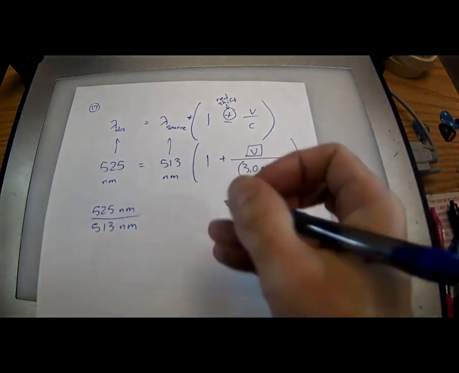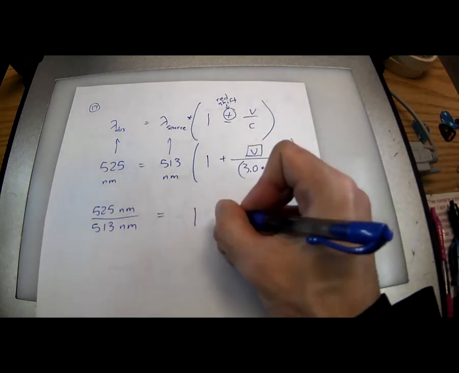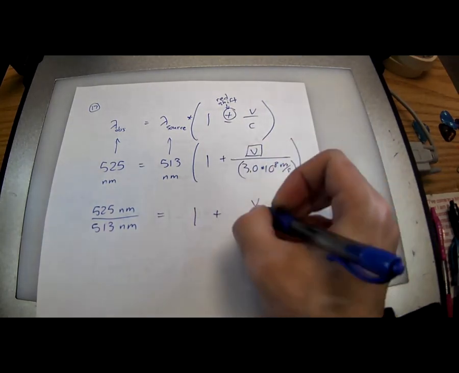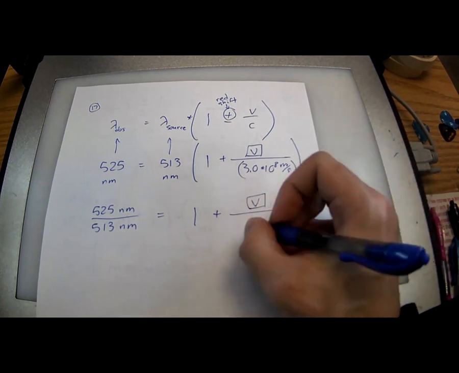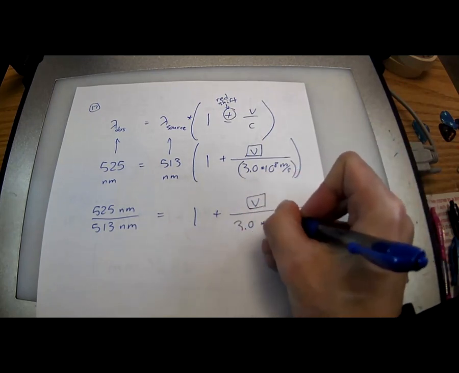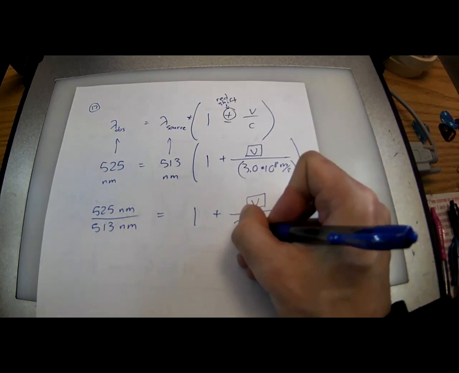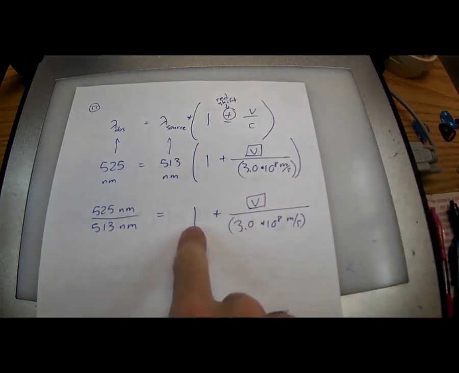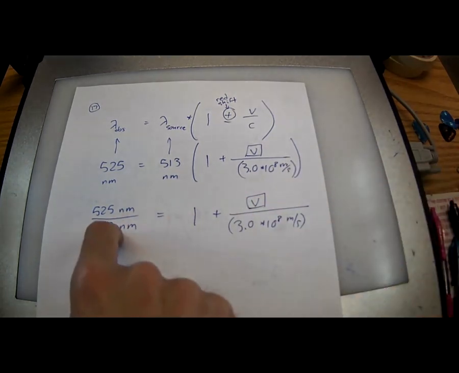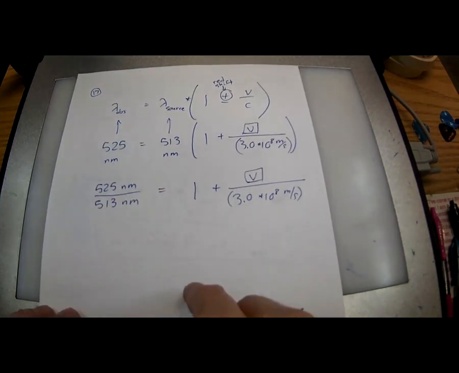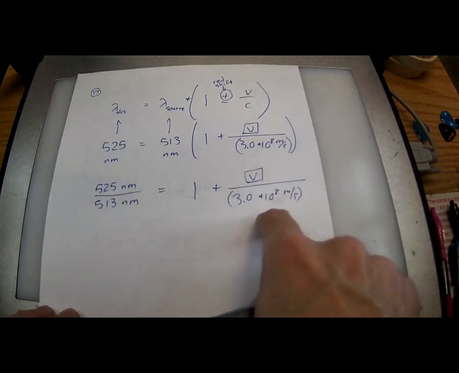Some ratio a little bit bigger than 1. That's equal to 1 plus something. Solve for this v. 3.0 times 10 to the 8 meters per second. I'm going to subtract 1, and after that, multiply by the speed of light. You guys get that?